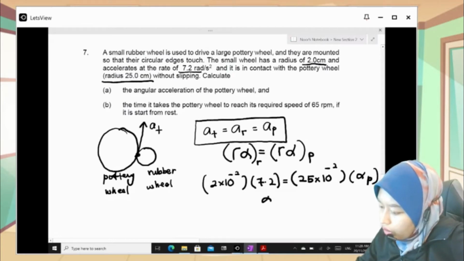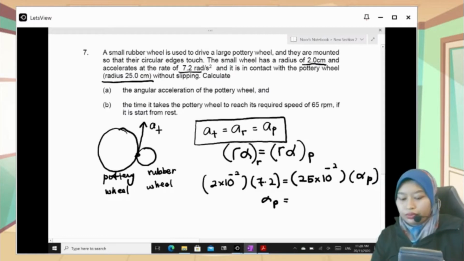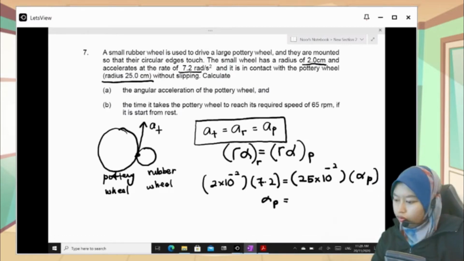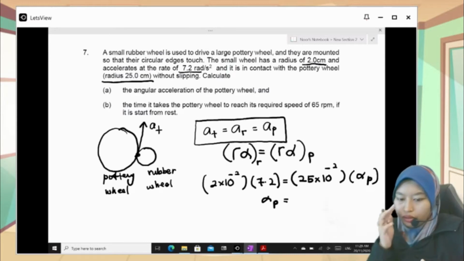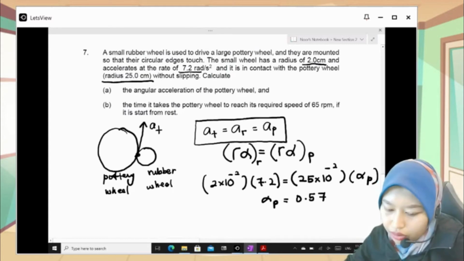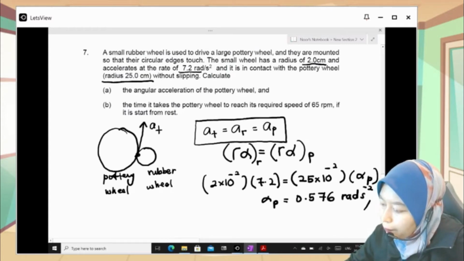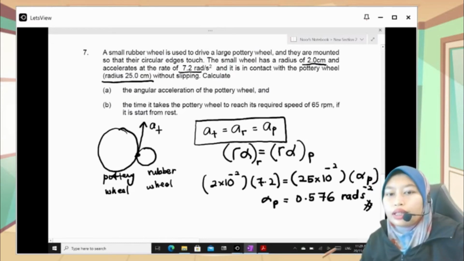So use your calculator and find the angular acceleration of the pottery wheel. I got 0.576 radian per second squared. Okay, so this is the answer.